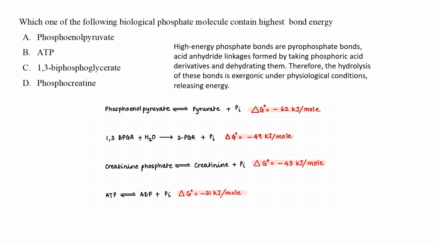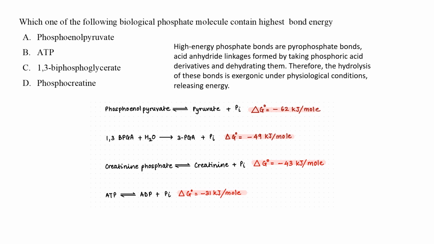Out of the given options, all these high energy phosphate compounds, I have converted into their respective forms after hydrolysis. So phosphoenol pyruvate on hydrolysis forms pyruvate plus inorganic phosphate, which releases an energy of minus 62 kilojoules per mole.